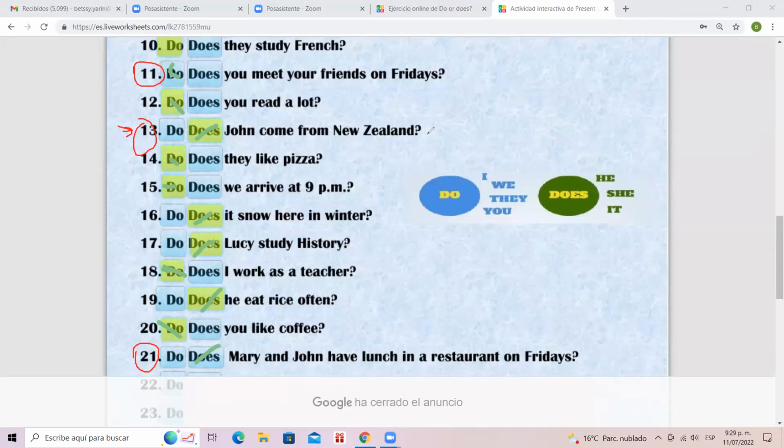Okay, what about Natalie? Natalie, can you answer number 14 in negative form? No, they don't. Excellent. Very good. You pay attention also. Okay. Michael, what about number 17 in affirmative form?